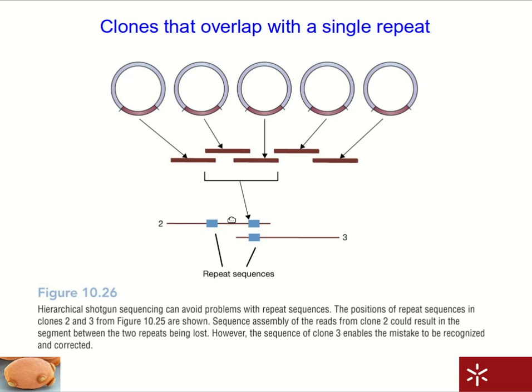If we look at only this sequence, we may not be able to assemble it correctly because the sequence between the repeats will be lost. But we will have this clone as well that has only 1 of the sequences, and this one will be no problem to obtain the entire sequence. And we have this part of the sequence here, and we can use this information in order to spot the problem with the assembly and correct it.